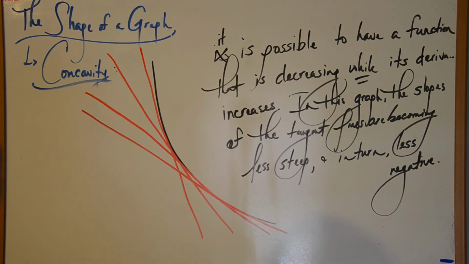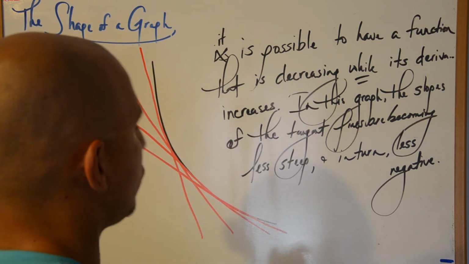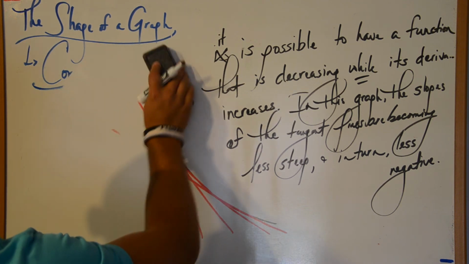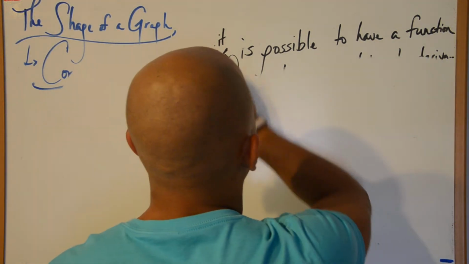Okay, so just to echo one more time, just because the function itself is decreasing does not mean that we ought to assume that the concavity is downwards. And obviously vice versa. If the function is increasing, we can't just auto assume that the concavity is concave upwards.